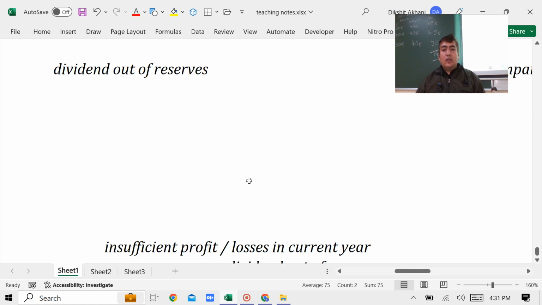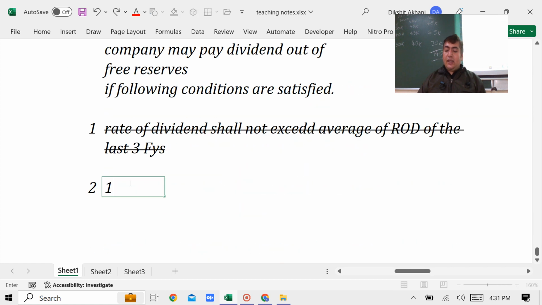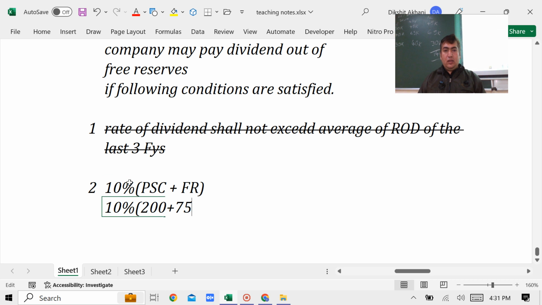So guys, the second condition is saying 10% of paid up share capital plus free reserve. So it is coming to 200 plus 75, 275. It is coming to 27.5 crores.